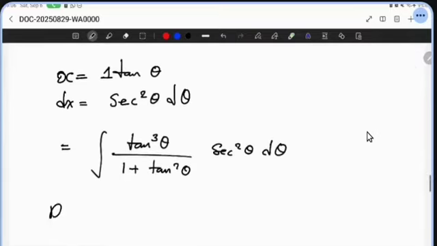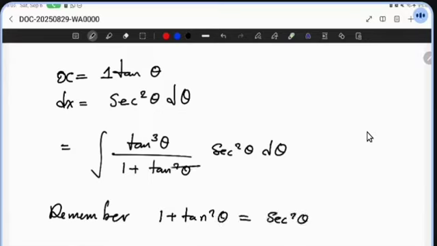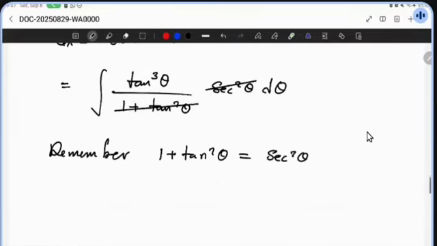But remember the identity: 1 plus tan squared theta is the same as sec squared, meaning this and this are the same, leaving us with only the integral of tan cubed theta d theta. So now the question has reduced to something that looks simpler, I feel.